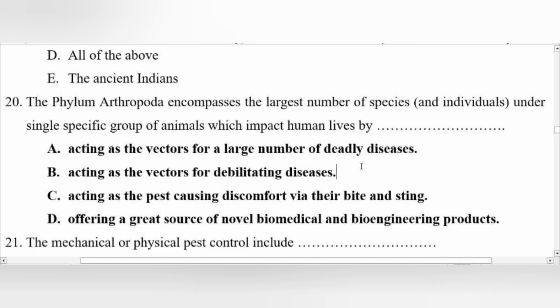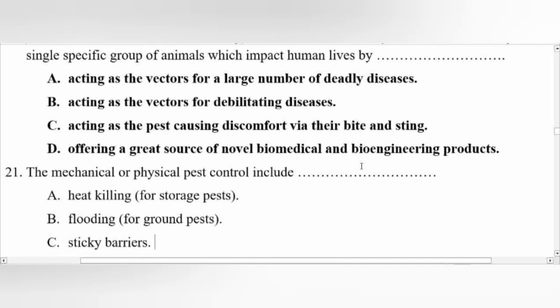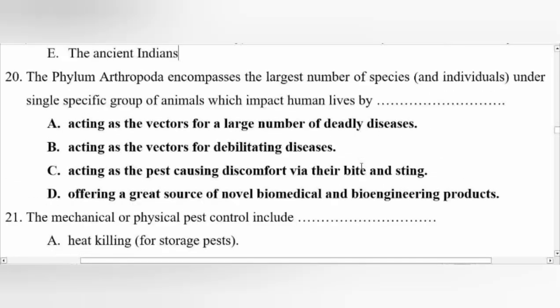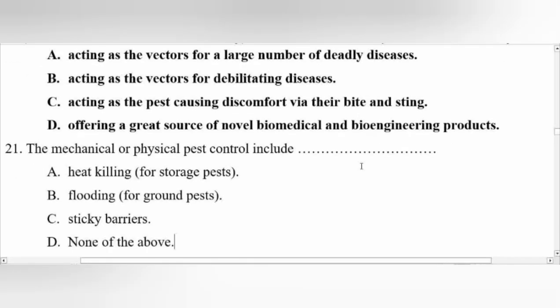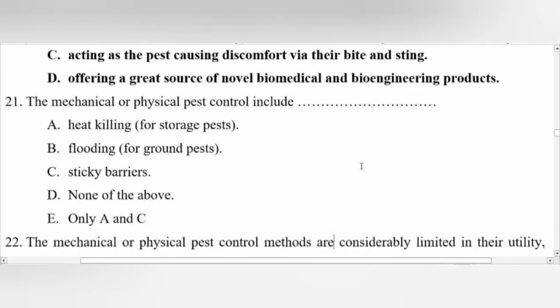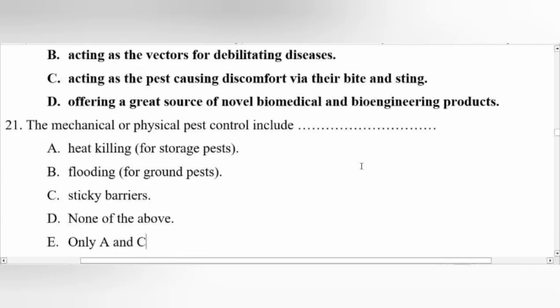So we have diseases that are deadly, and some that are debilitating, or some are both debilitating and deadly. So it means that for question number 20, all the options are our best answers. And in accordance with the instruction, remember, we are not supposed to forget the instruction, we have chosen all of them.